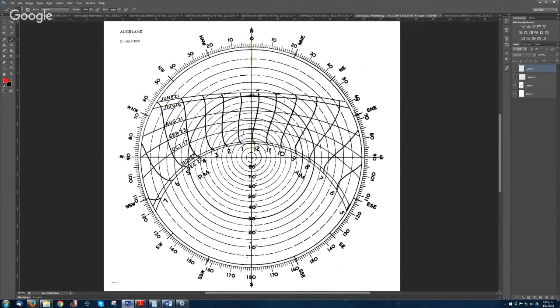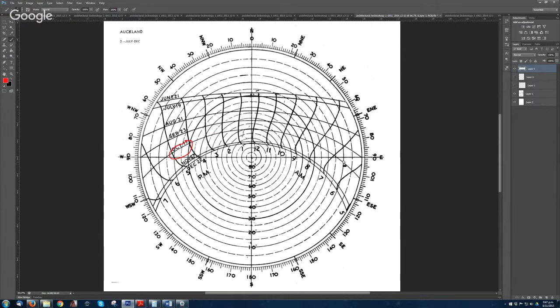Next one is October 17, the sun position and altitude at 6:30 and at 1 p.m. October 17 is going to be that line. 6:30, so 6, 7, take the middle.